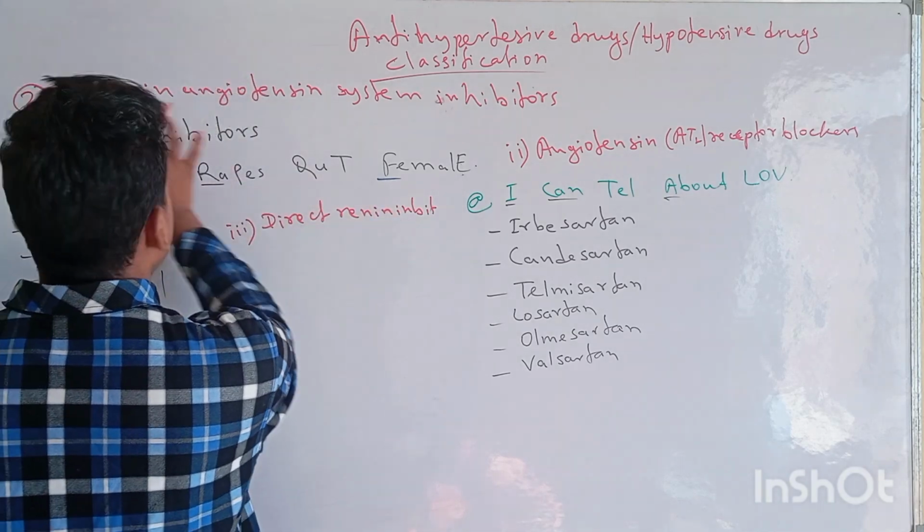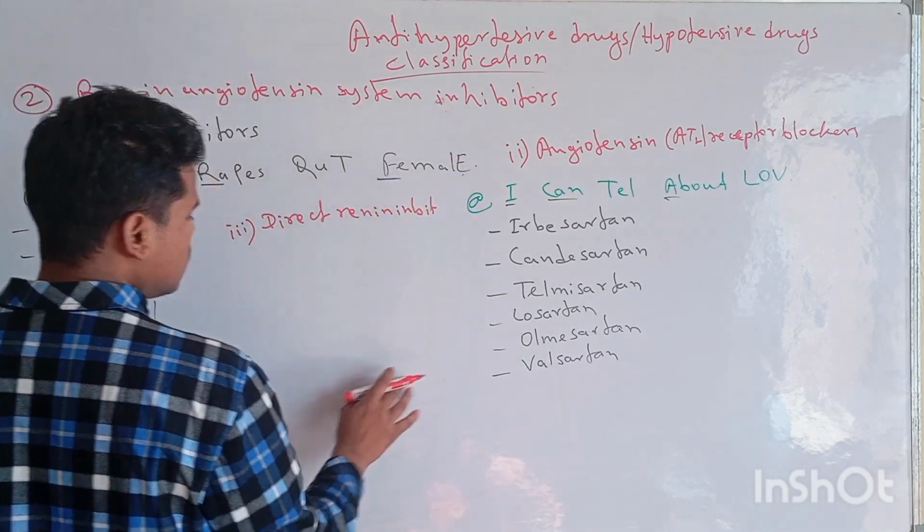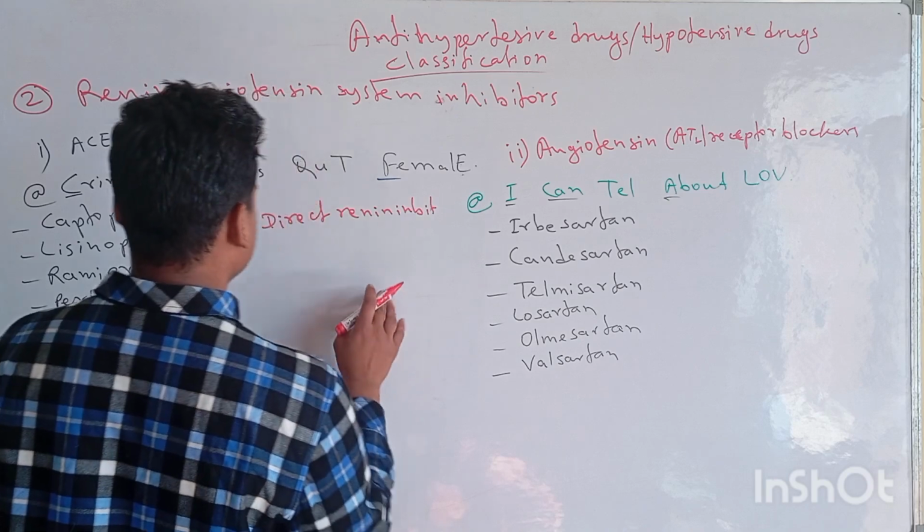That is, all these drugs will inhibit the renin angiotensin aldosterone axis.